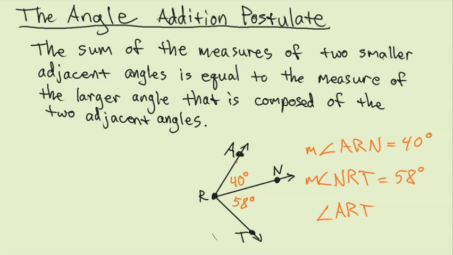Well, if you want the measure of the whole larger angle, you just add 58 plus 40. And so the measure of angle ART is 40 plus 58, which is, I said 50, I meant 58 before, 98 degrees. And so this angle here is 98 degrees because it's the sum of two adjacent angles that make up the larger angle. And that is the angle addition postulate.